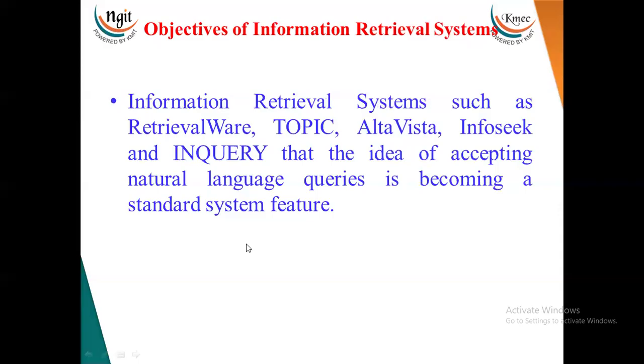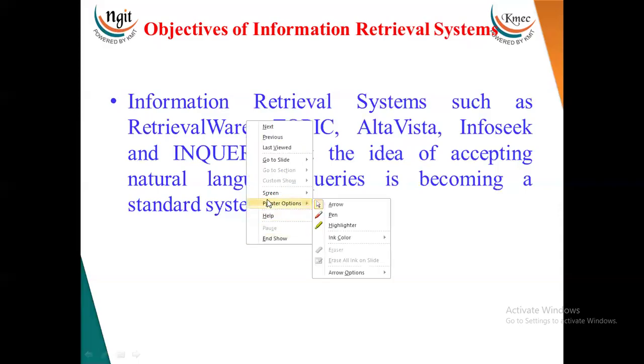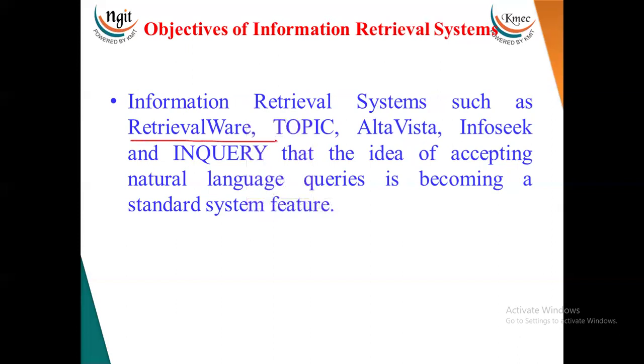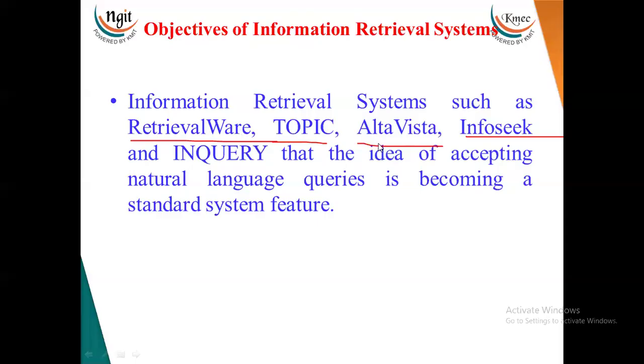Now, what are the different examples of information retrieval systems? Retrievalware, Topic, Alta Vista, InfoSeek. And the next one is Inquiry, which accepts natural language queries.